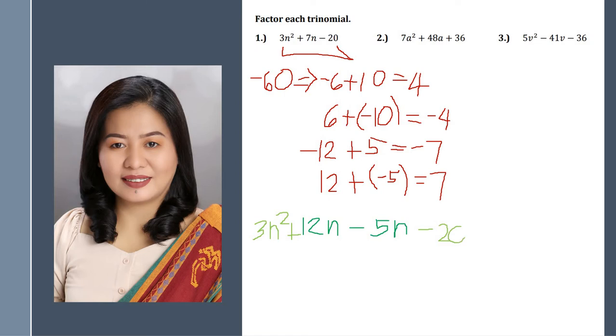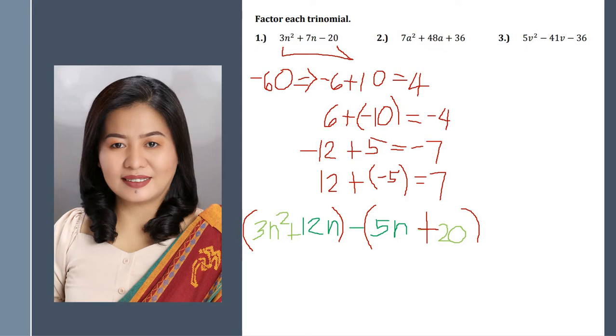Okay, so next we do the grouping. We group the first two terms and the last two terms. Since we have a minus here, this will become a negative, and so the 20 will become plus 20.